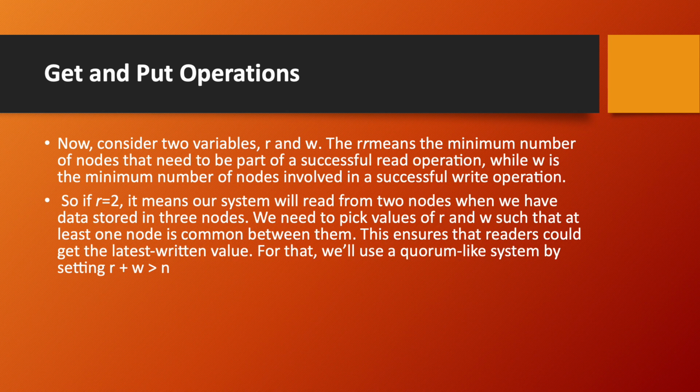What it means is, if you're setting, let's say, N equal to 5, then R could be 3 and W equal to 3. So you have 5 nodes involved in your quorum, and when you do a write, you send the put request to all 5.